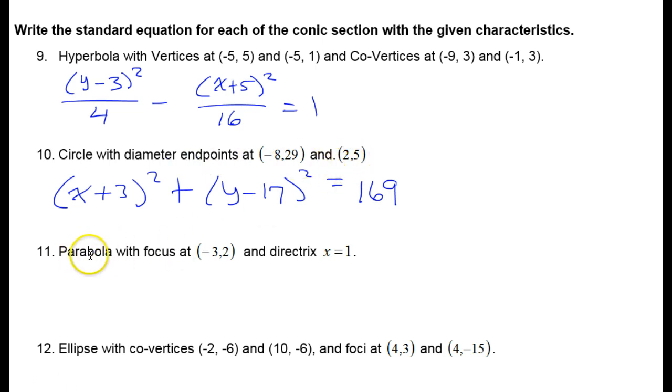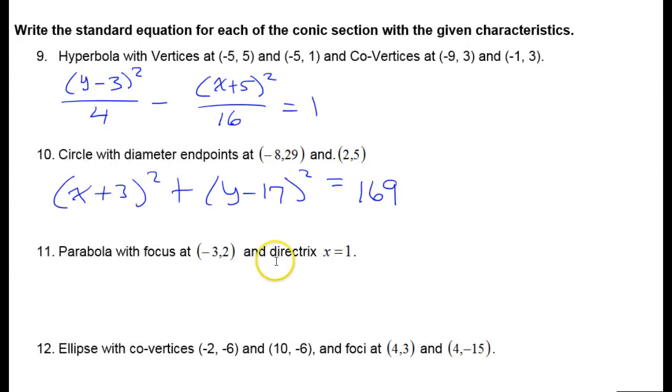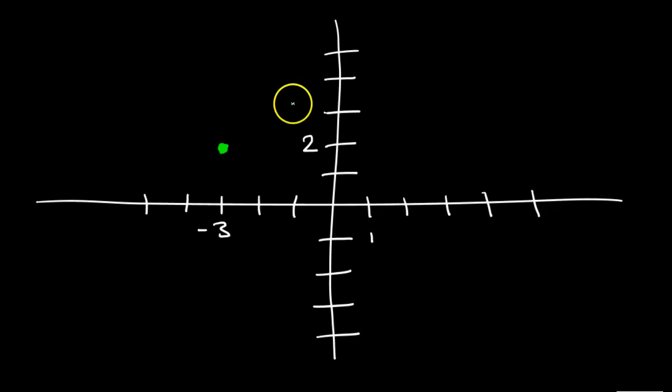In number 11, we're told we have a parabola with a focus at -3, 2. Alright, so -3 comma 2, we'll put the focus here, and directrix at x equals 1. X equals a number is a vertical line, so we're talking about a vertical line at 1.